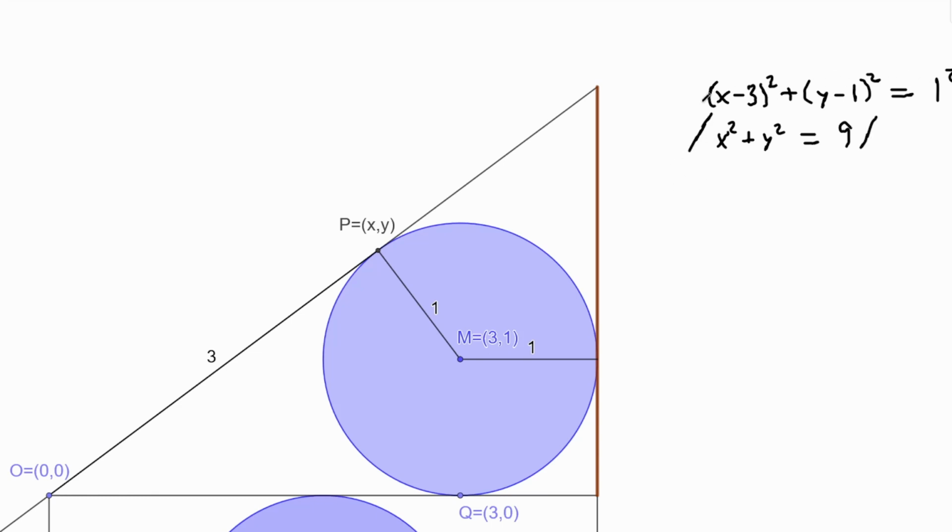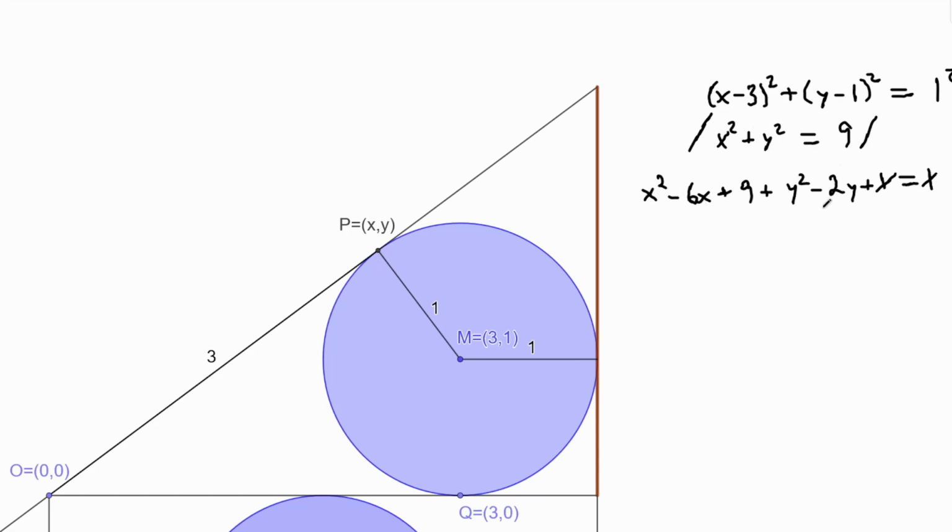Let's expand this line right here. We get that the first term becomes x^2 - 6x + 3^2, which is equal to 9. And then the second term becomes y^2 - 2y + 1. And this is equal to 1. And now these ones cancel out, and we have that x^2 + y^2 is equal to 9.